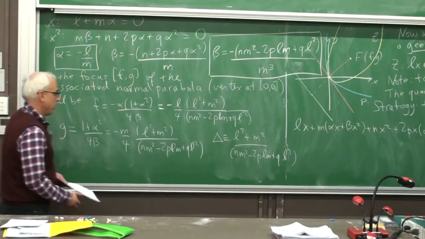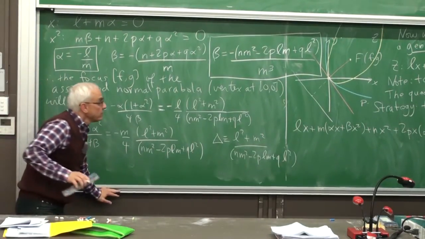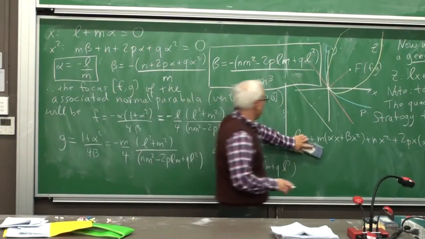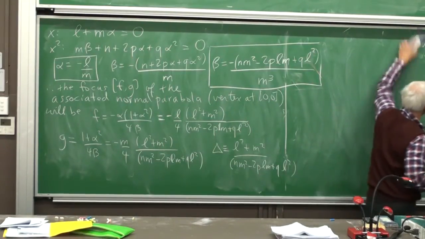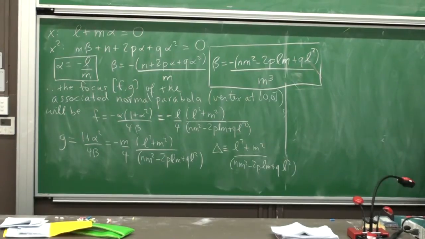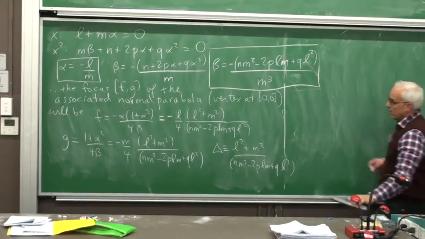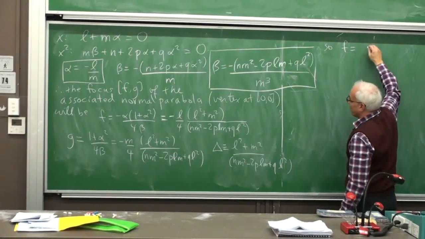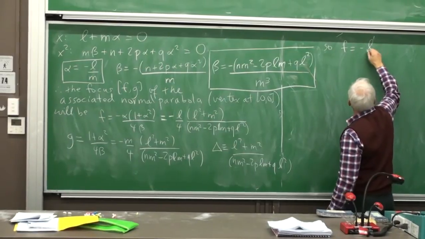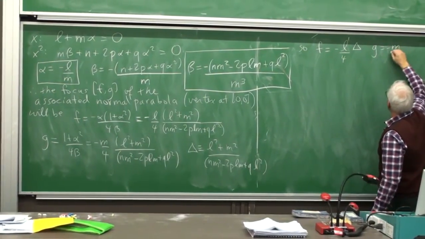Then we could somewhat more succinctly write F and G as, with that notation, F would be minus L over 4 times delta, and G would be minus m over 4 times delta.